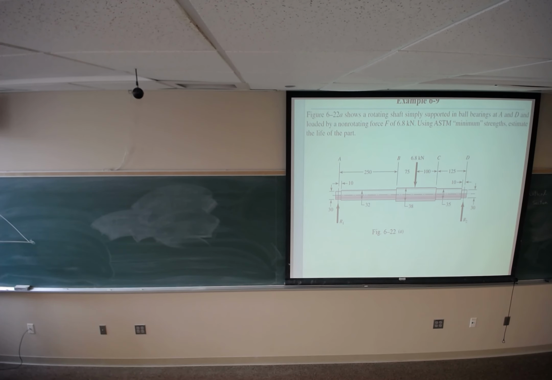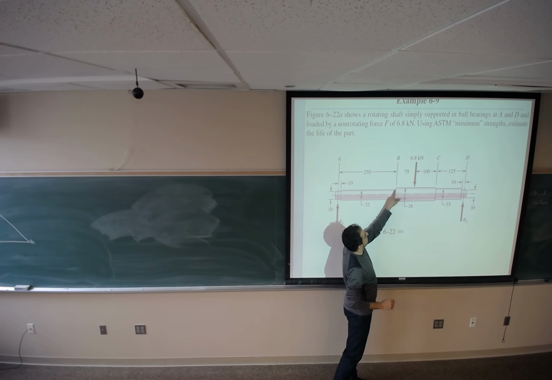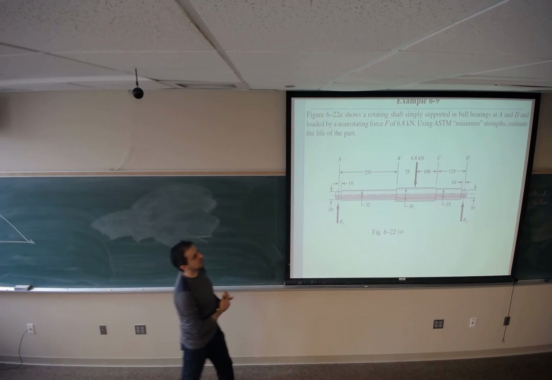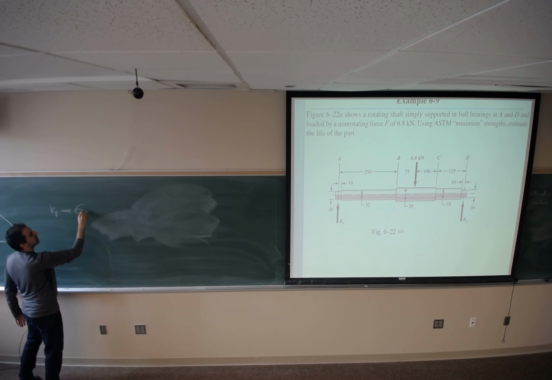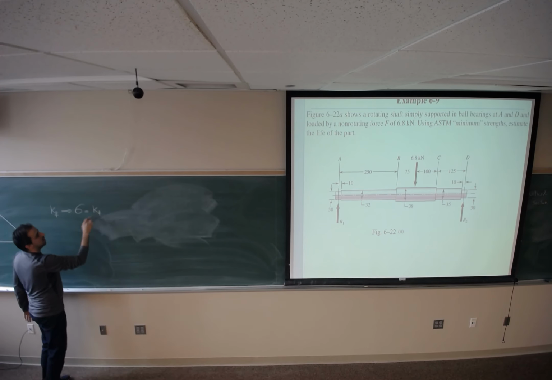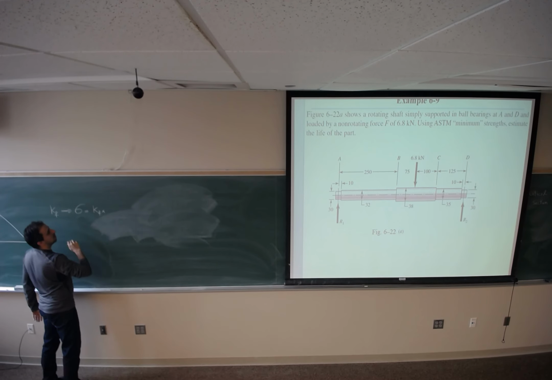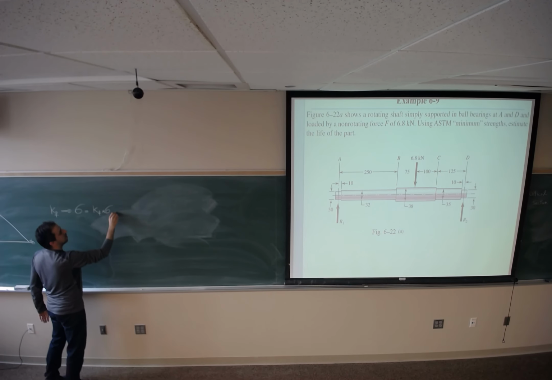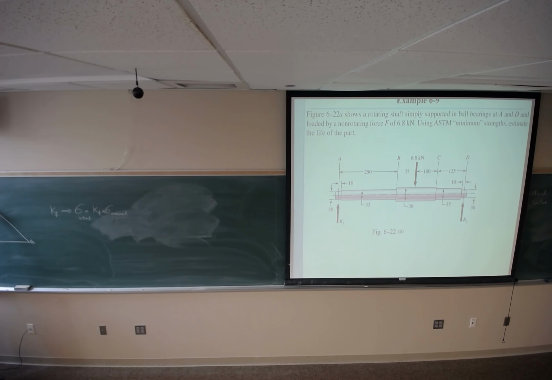Section B with this discontinuity on cross section, which is gonna give us a fatigue concentration factor. It's gonna increase the actual stress by this multiplication factor. So nominal stress. So section B, section E, and section C are also candidates.